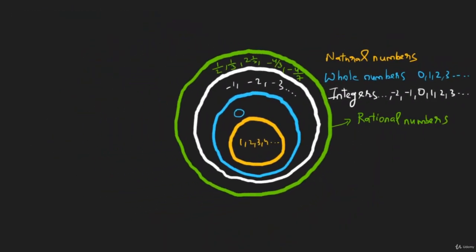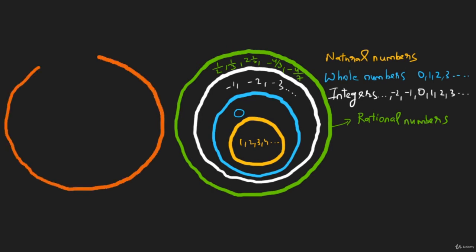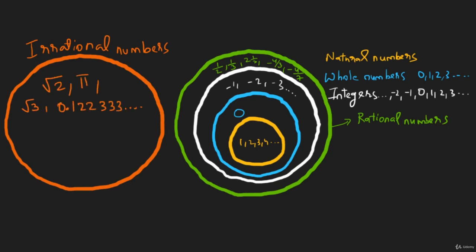There is another set of numbers which we call the set of irrational numbers. Some of the examples of irrational numbers are root 2, pi, root 3, or say this decimal number 0.122333, etc. We will soon see how you can identify when a number is given to you, whether it's an irrational number or a rational number.